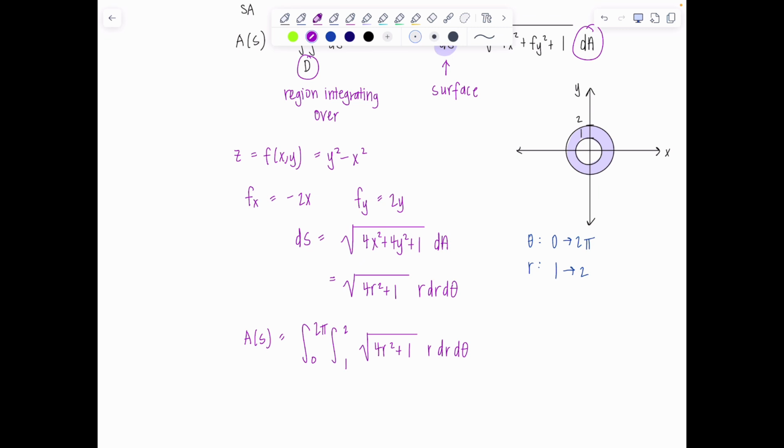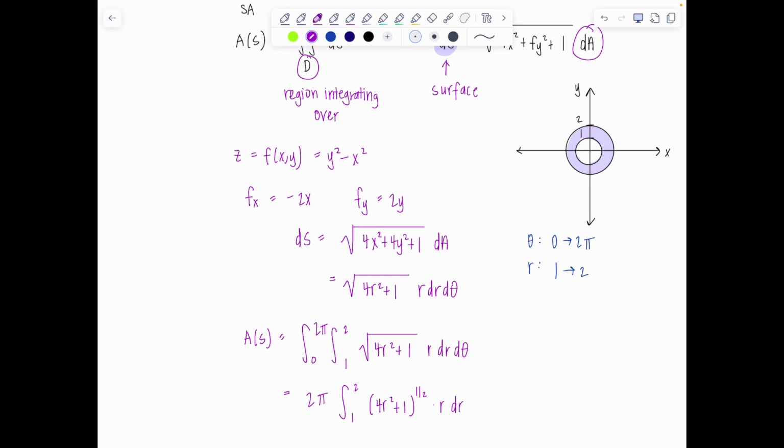Very manageable. First thing you should do, put a 2 pi on the outside. Then we just have the integral from 1 to 2 of (4r squared plus 1) to the 1/2 times r dr. Now we're going to u-sub in our heads.